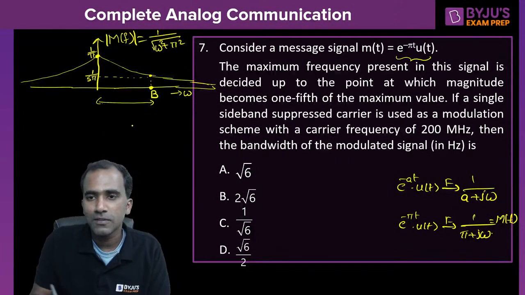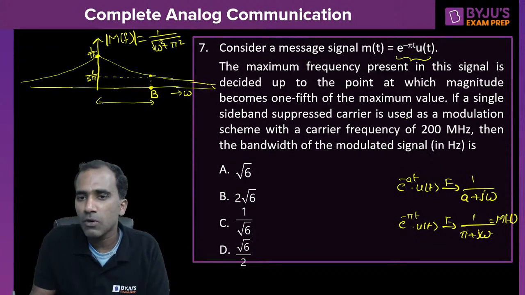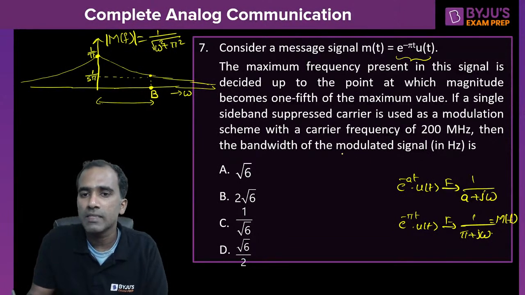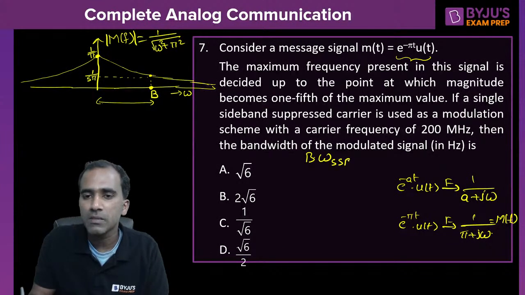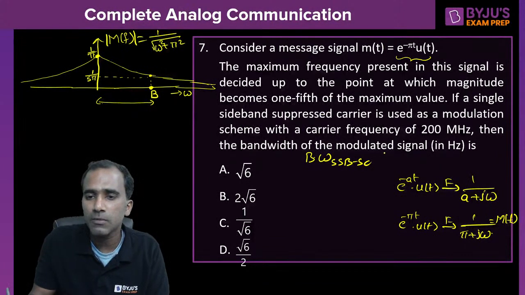Now, if a single sideband suppressed carrier is used as the modulation scheme with a carrier frequency of 200 megahertz, then the bandwidth of the modulated signal is, see, they are talking about the bandwidth of the SSBSC modulated signal. See, this is the message. Finally, they are doing SSBSC modulation.